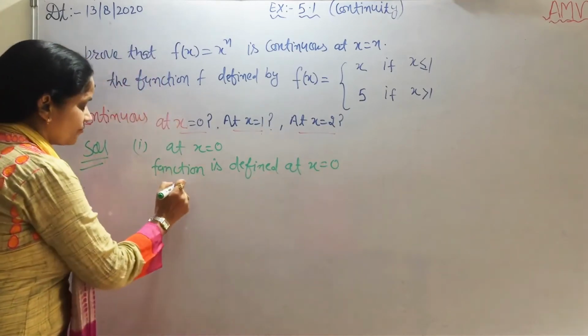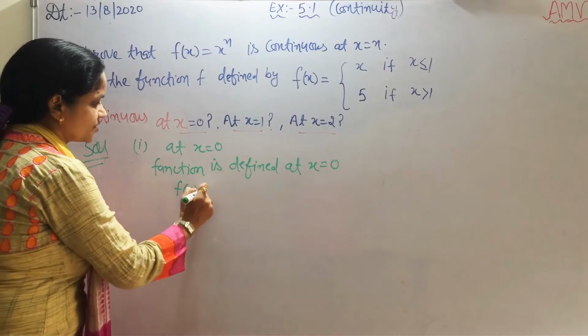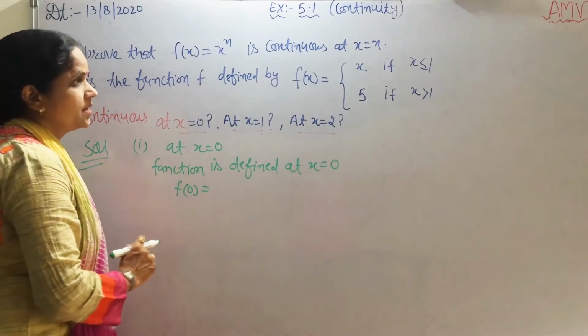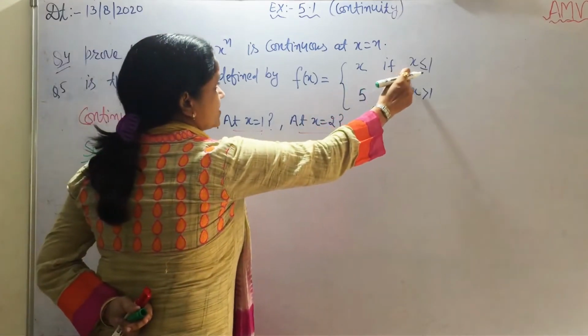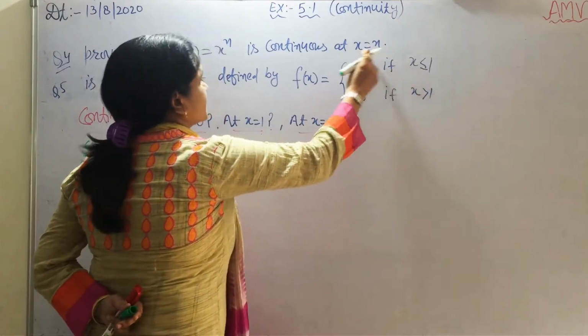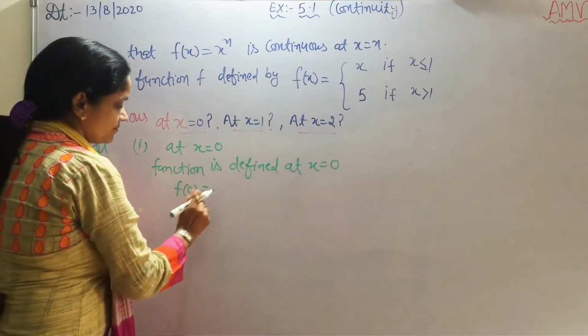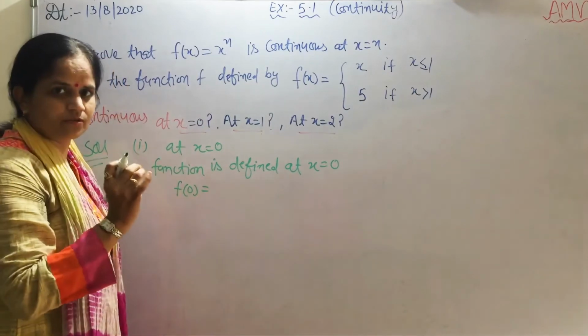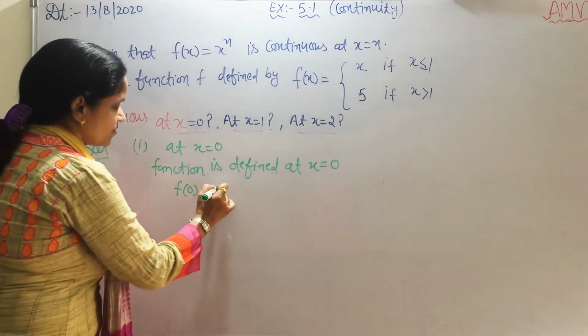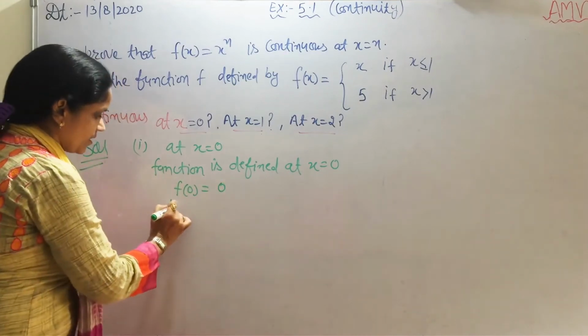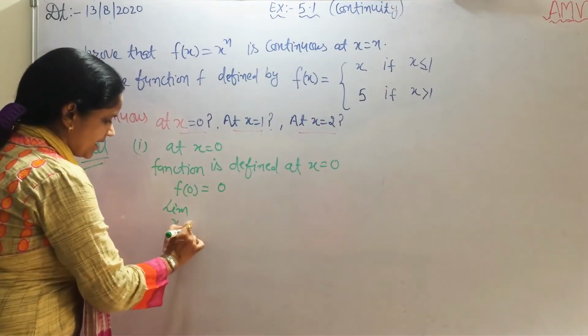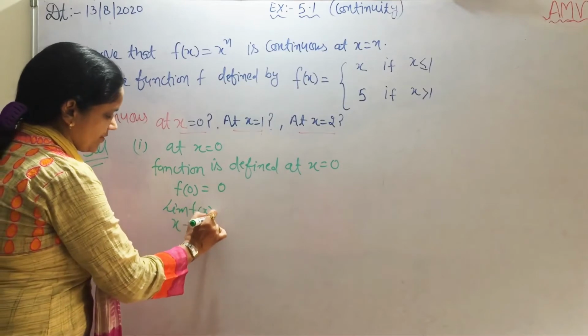Now find the value of the function f(0). See here, when x is less than or equal to 1, the function is x. So take the function x, and the value is 0. So f(0) is 0, and now find the limit as x tends to 0 of f(x).